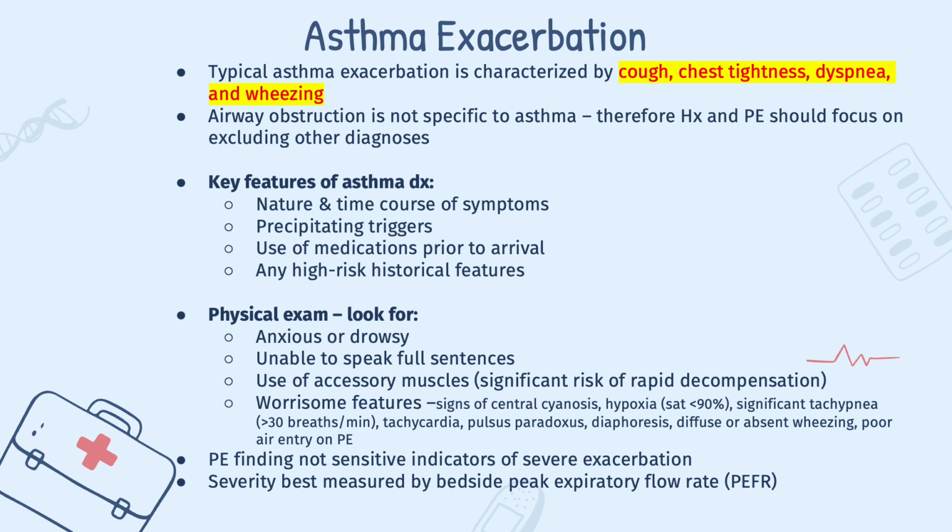Hypoxia, so our sats less than 90? Is there significant tachypnea or tachycardia? Is there pulsus paradoxus, diaphoresis, diffuse or absent wheezing, poor air entry? Physical exam findings are not sensitive indicators of severe exacerbation.